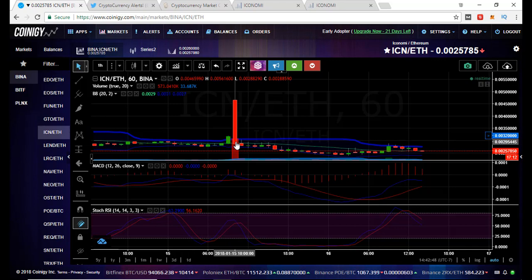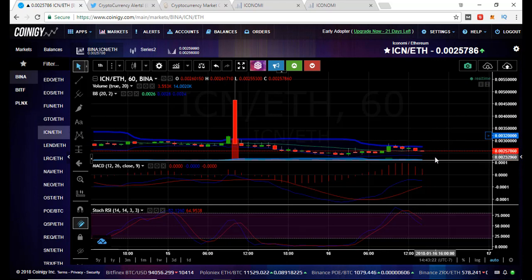There was a burst yesterday, and you see it ran way up as some bullish candles lined up, and bam. So what I'm looking at on this Iconomi, again, is that it is super tight. I'm looking for some bullish candles to line up, and I believe with this momentum this is one that can also have a nice return, especially if the market turns around quickly, as we know it can.